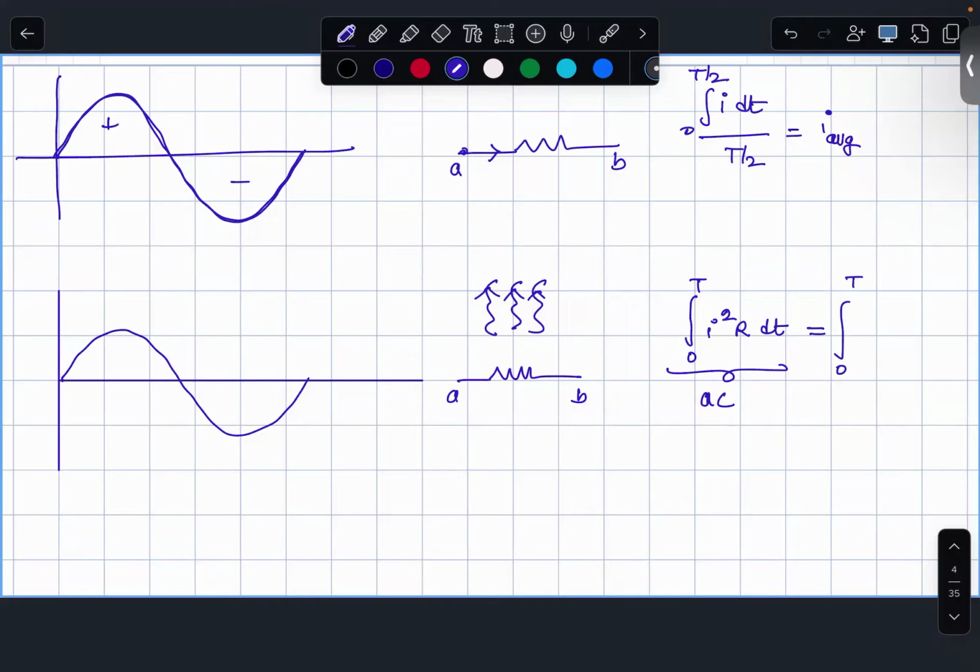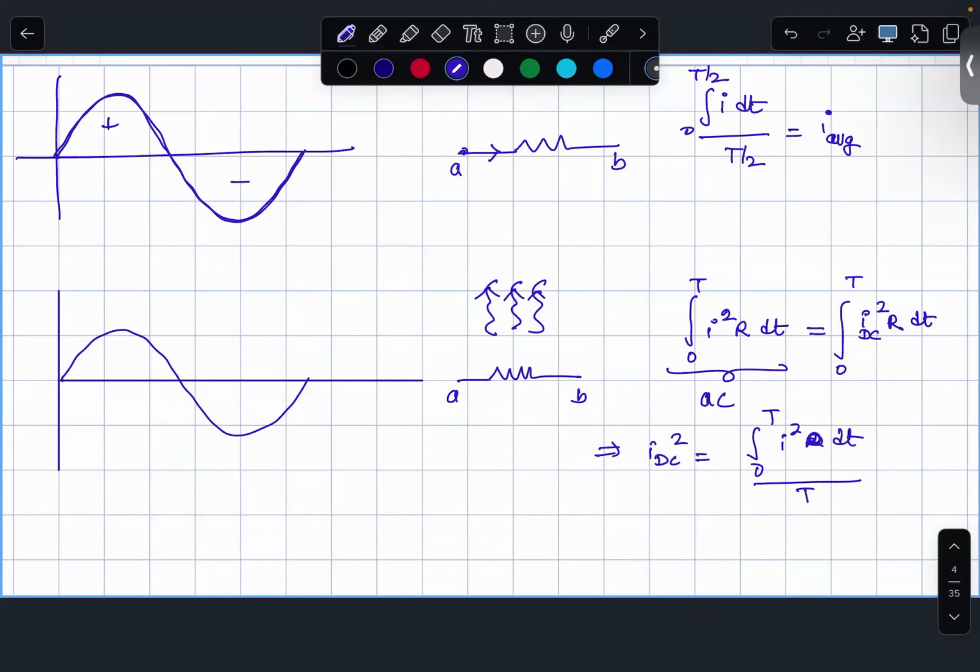So during the same time, I am passing some DC also, say for example. Then what happens? IDC square is integral 0 to T of I square R dt, divided by T. You don't require R also here.